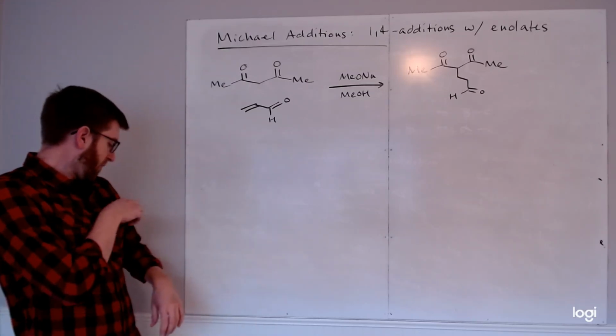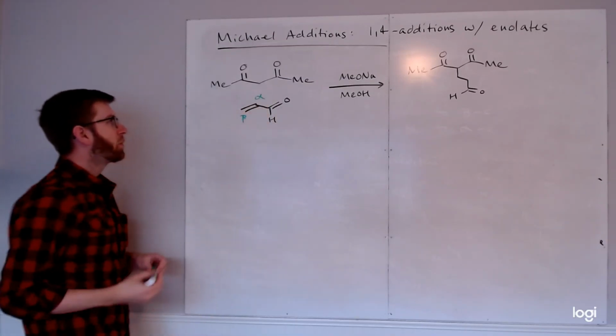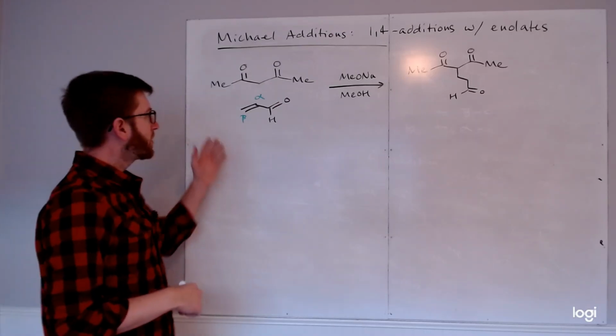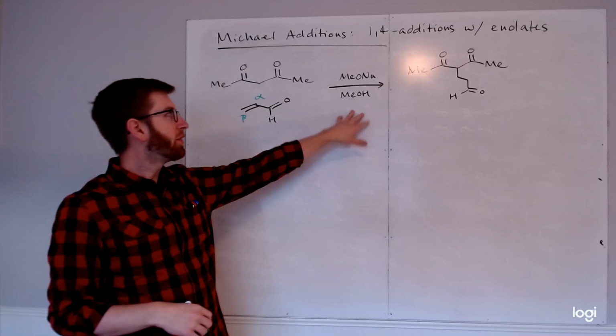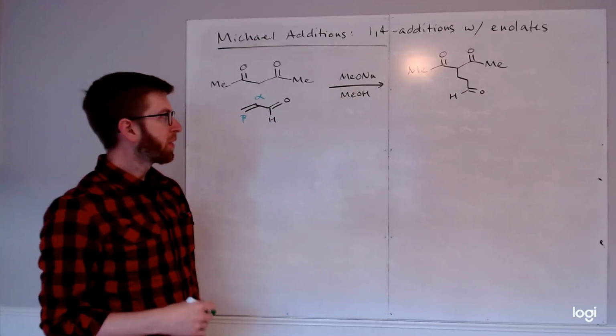So we have our alpha-beta unsaturated carbonyl. In this case, it's an enal. And we have this beta diketone. And in the course of reacting with methanol as a solvent and some sodium methoxide, so there's an O- here, we get this product.